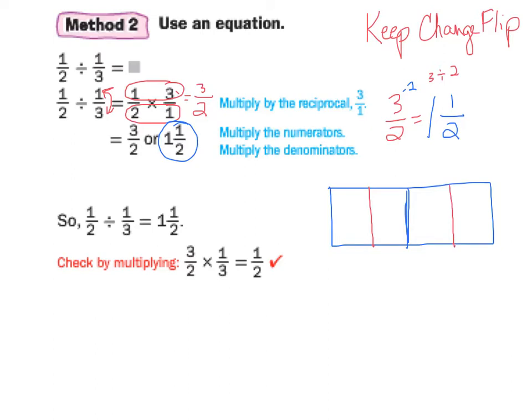And if we look at this final answer, we said this was worth 1/2 of the total rectangle, and this was worth 1/3, and this was worth another 1/3. So we got one whole section of 1/3 plus half of the next section. So that's how the model kind of lays out for us.